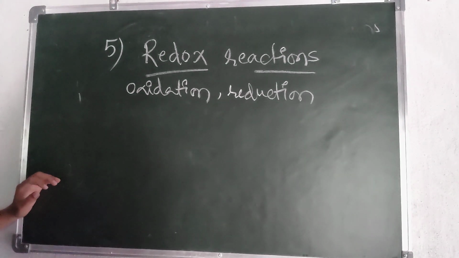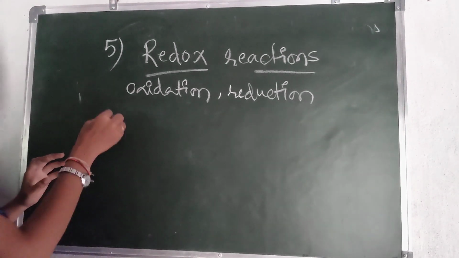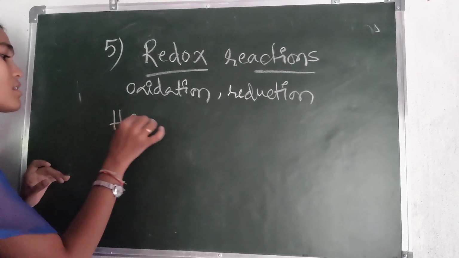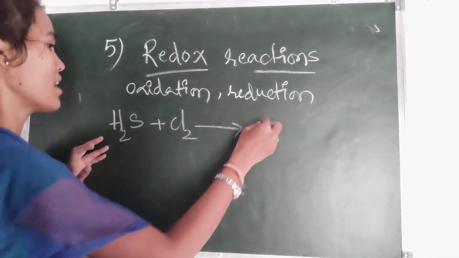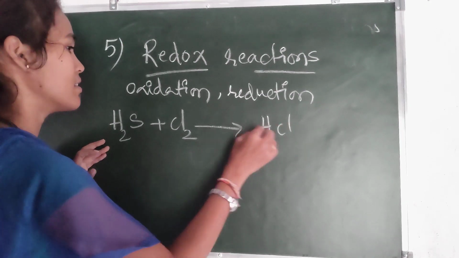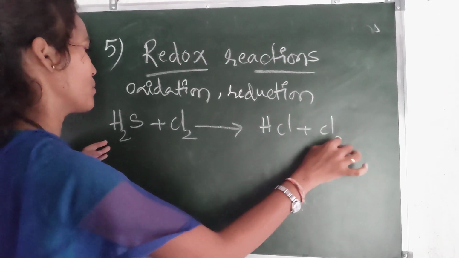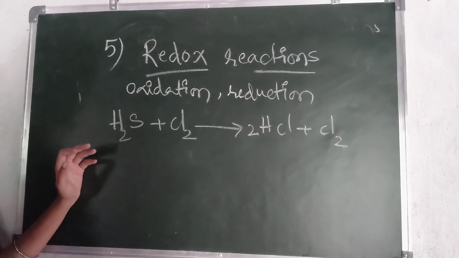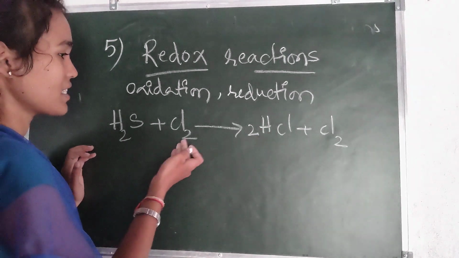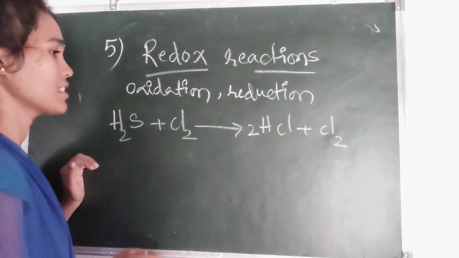For example, H2S plus Cl2 gives rise to 2HCl plus S. H2S plus Cl2 gives us 2HCl plus S.